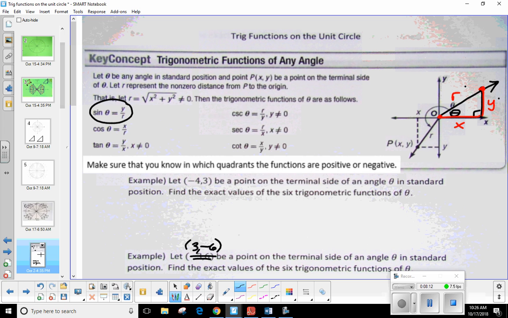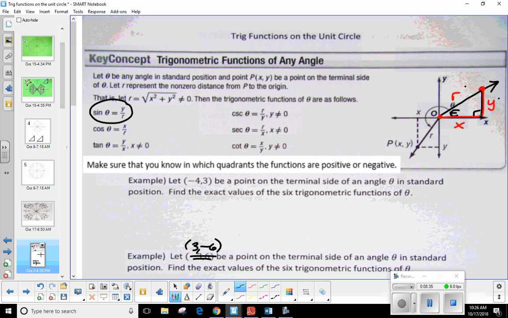So we're basing the trig functions now on their horizontal and vertical movements in the triangle created. We're going to start to move away from opposite, adjacent, and hypotenuse. For that angle theta, if I wanted cosine of theta, I would take the adjacent x and put it over the hypotenuse r.